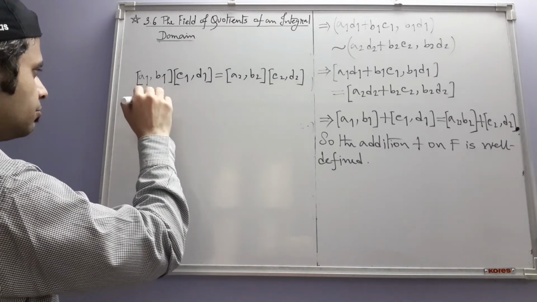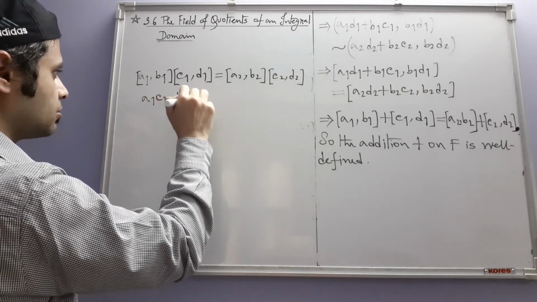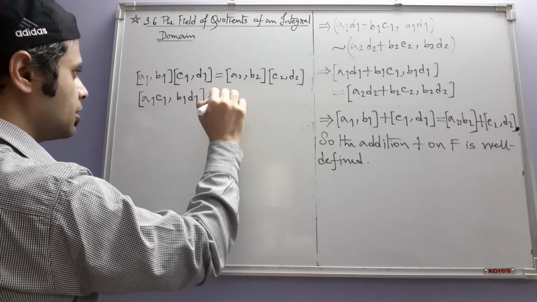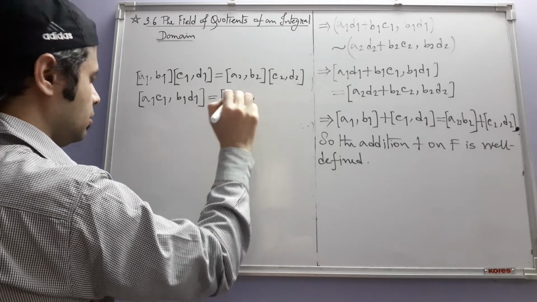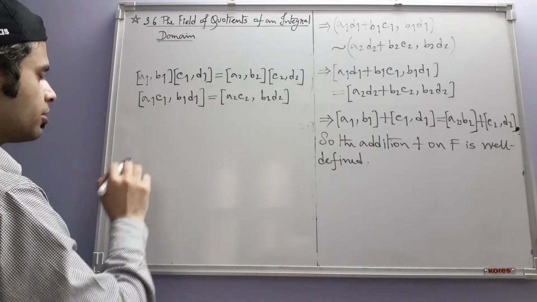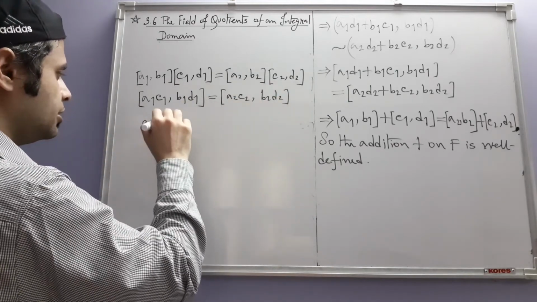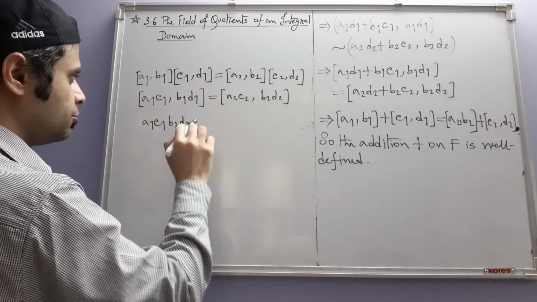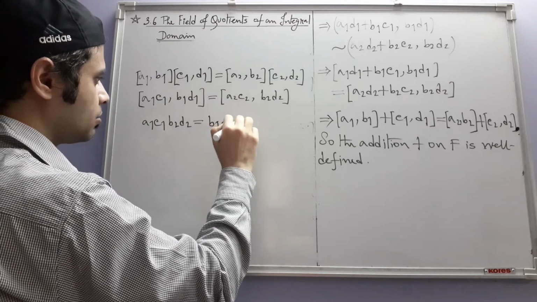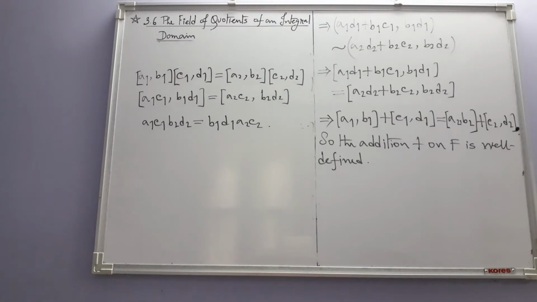That means we want a1 c1 comma b1 d1 to be equal to this, or a1 c1 b2 d2 should be equal to b1 d1 a2 c2, right?